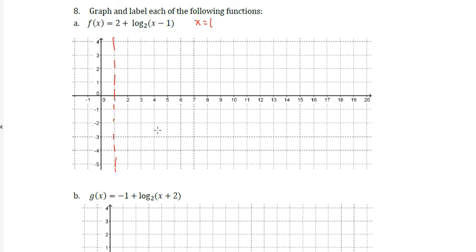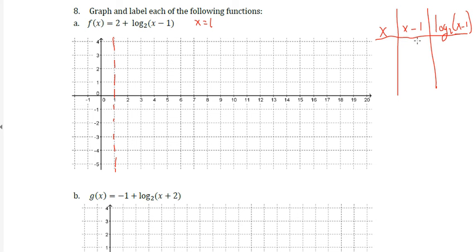Now I need to figure out a couple of points. I'm going to make a little table here again. And there should be one more column on here, but we'll do that part together.